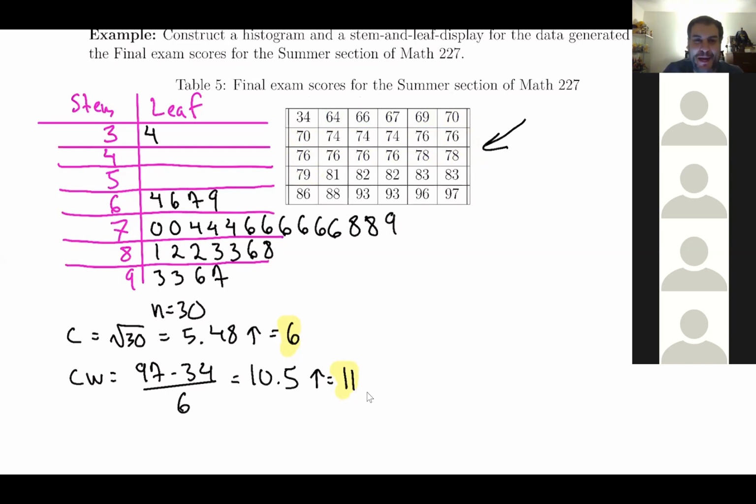Any other questions before I go on to the frequency table? Technically, yeah, you could have done 5 times 6. You take the square root of 30, which is 5.48, and you round it up to get 6.